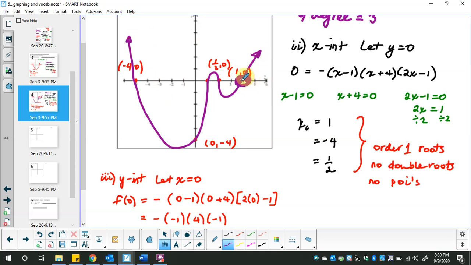What's that? You can't make up things. So if you have 3 x-intercepts, you can't end up with a picture that has 1, 2, 3, 4 x-intercepts. You have to keep it to 3. So this picture is wrong.